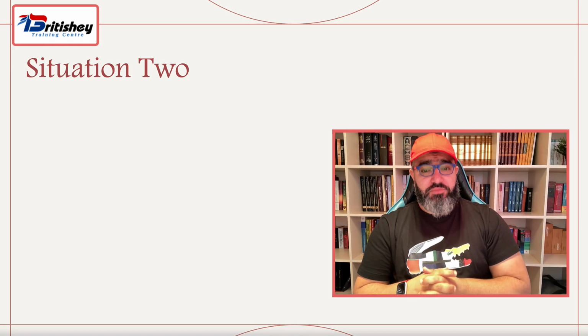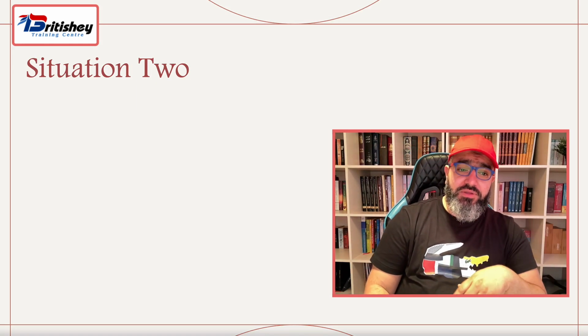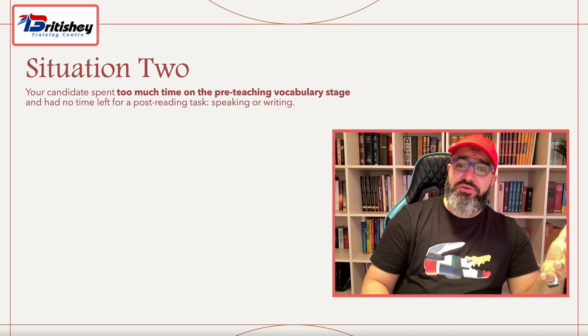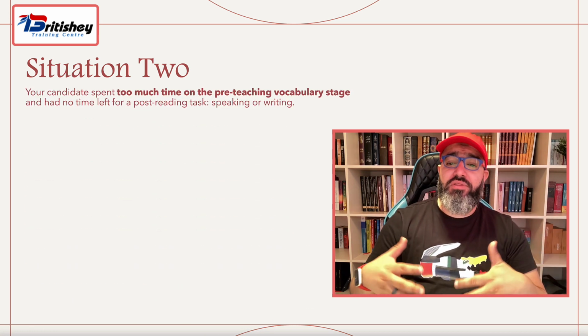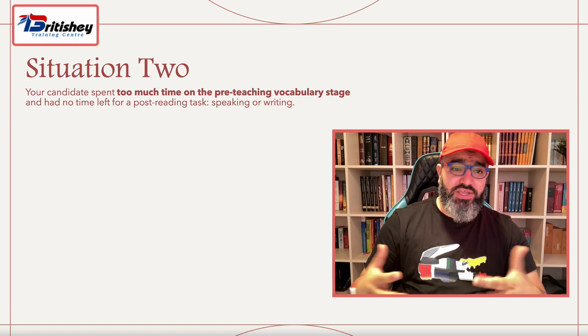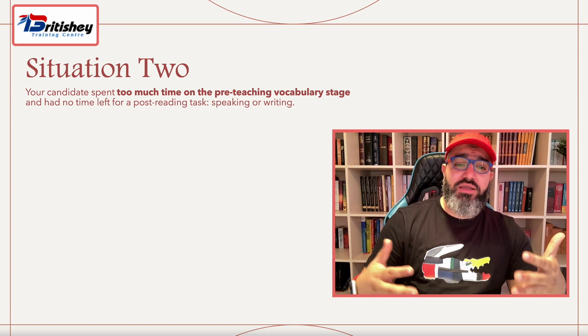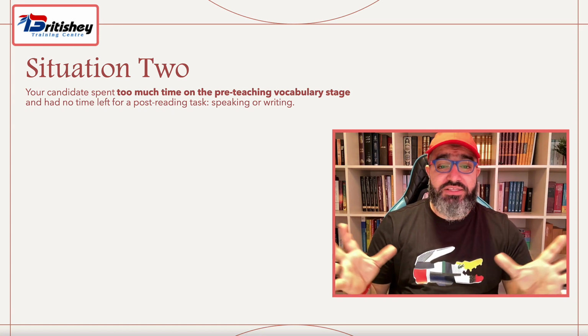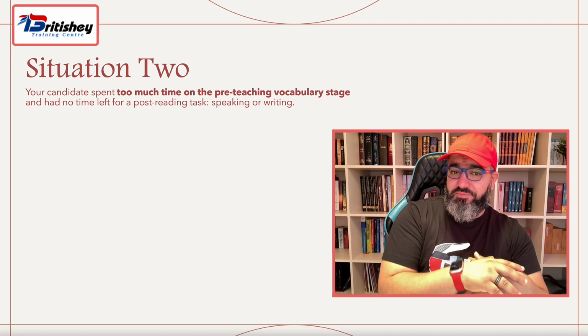Okay. Now another situation, and let's read it together. It says your candidate spent too much time on the pre-teaching vocabulary stage and had no time left for a post-reading task, speaking or writing.